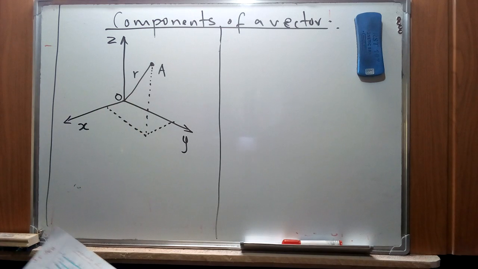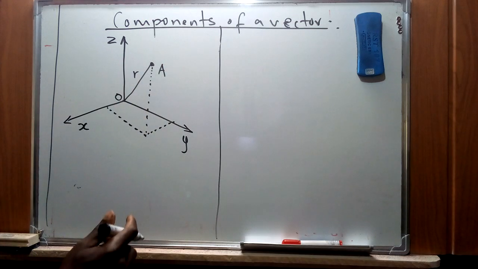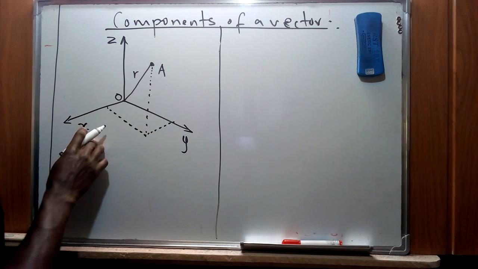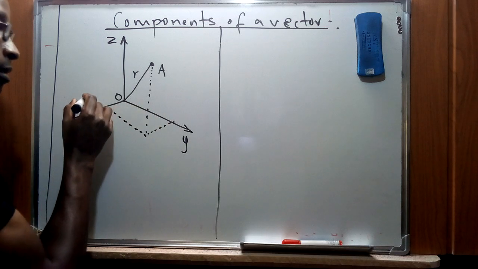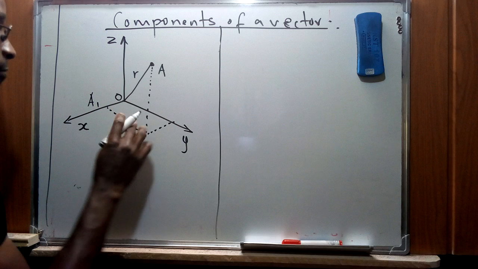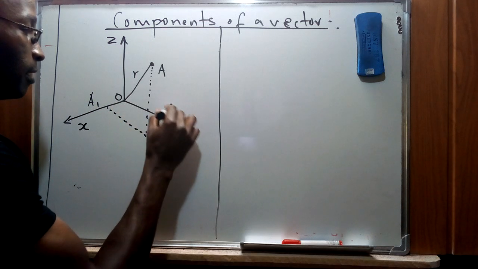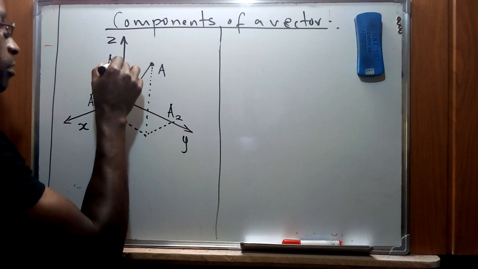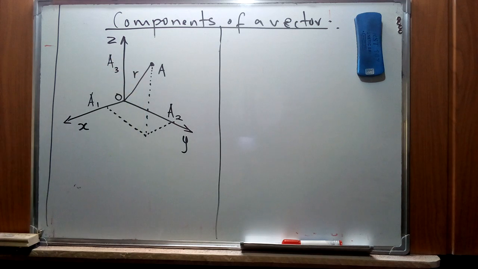So therefore, for this vector A, we can represent its component in the x direction by using subscripts for numerical figures like A1, and then for the y direction, I can represent it using A2, and in the z direction, I can represent it using A3. So this is one of the ways in which we can represent vectors.